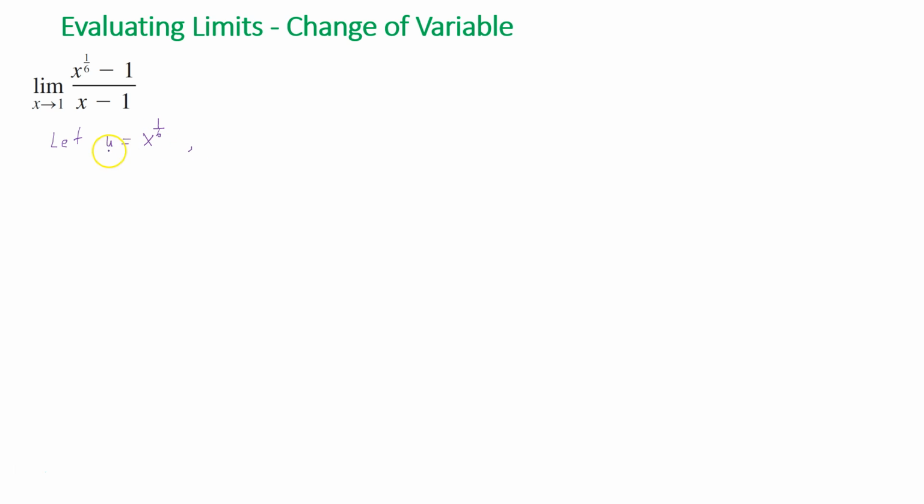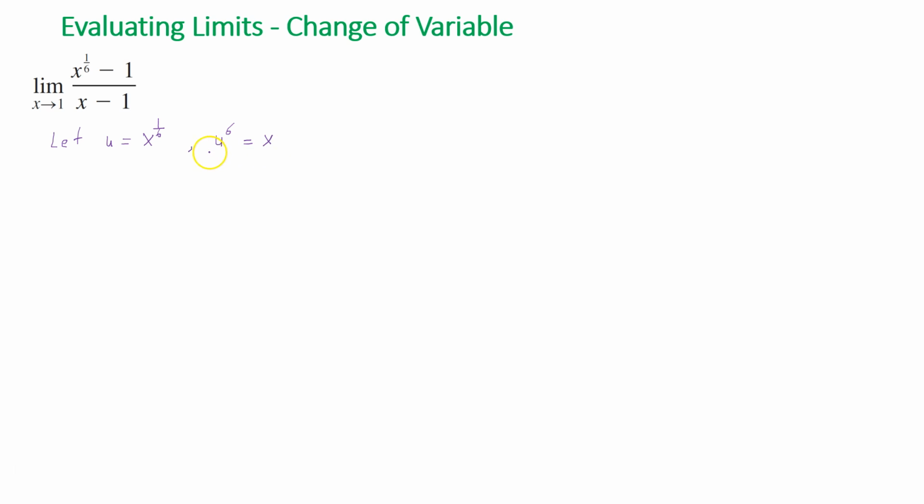And in that case, if I raise u to the power of 6, and I also raise x to the power of 1 over 6 to the power of 6, I'm going to get u to the power of 6 equals x.